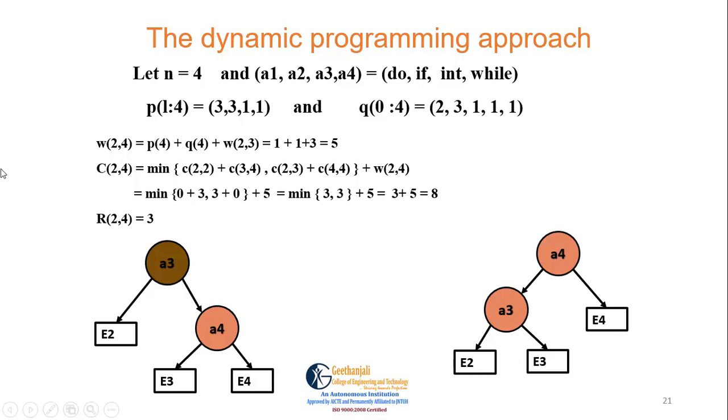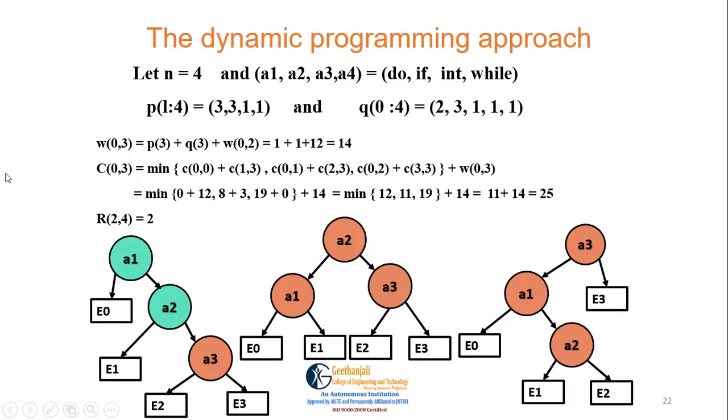Okay, so now you constructed the trees which contain exactly two nodes, and the values you computed. Again, now you need to construct the tree which contains exactly three nodes. Okay, so among these three nodes, I can select A1 as a root element, or A2 as a root element, or A3 as a root element.